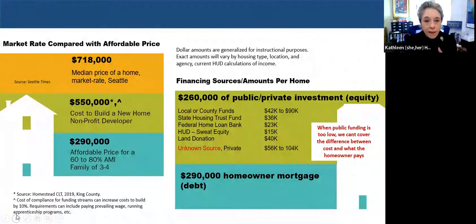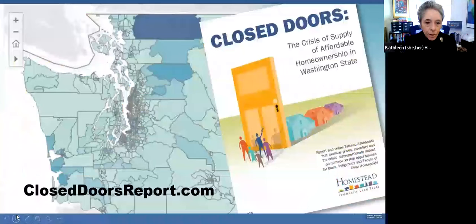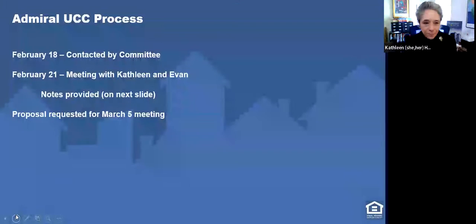That's in the mix of the different options that we sent you. Just a brief aside, we did a report on the scarcity of homes that are affordable to folks. You can look this up, but there's a nice downloadable report about how difficult it is to buy a home in King County because there just aren't homes to buy that are the right price point.